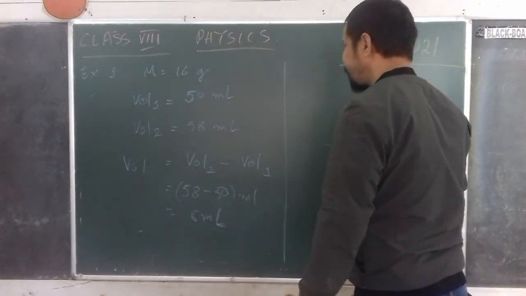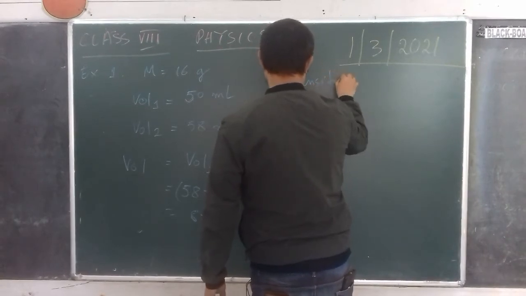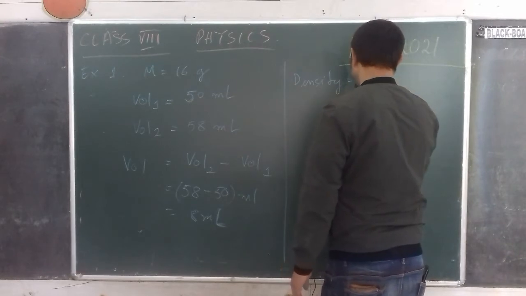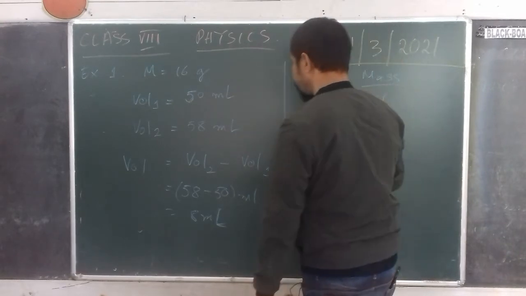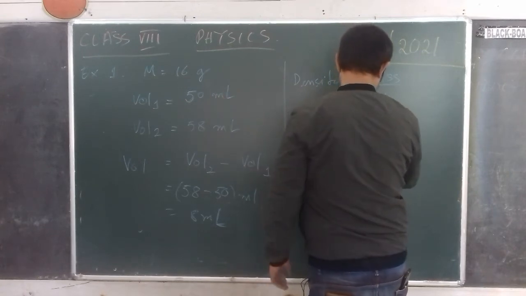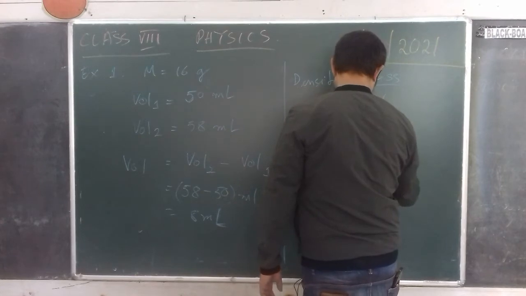So how do we find the density of the solid? Density is given by the formula mass upon volume, right? So mass we know is 16 grams and volume we came to know as 8 milliliters.